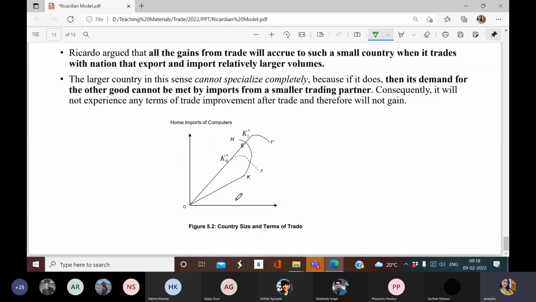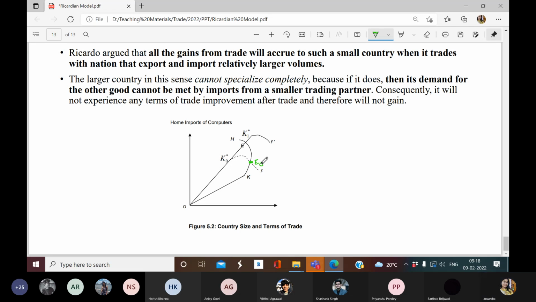Initially, OKH is the home country's offer curve and OK0*F is the foreign country's offer curve, and the post-trade terms of trade will be given by the slope of the line joining O and E0. Now suppose the foreign country is very large.